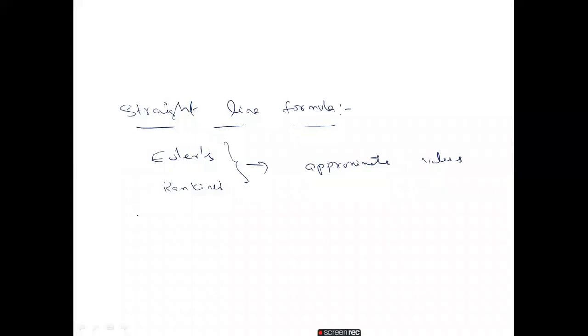The first reason is the pin joints are not practically frictionless. Whatever we are taking, the pin joints are assumed frictionless. The next one is the end fixation is never perfectly rigid.